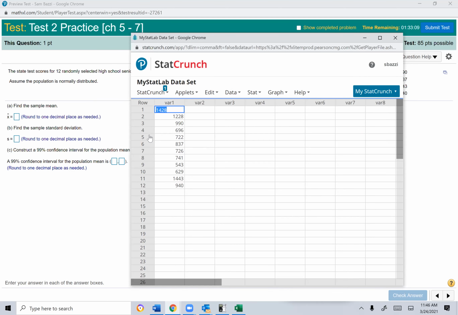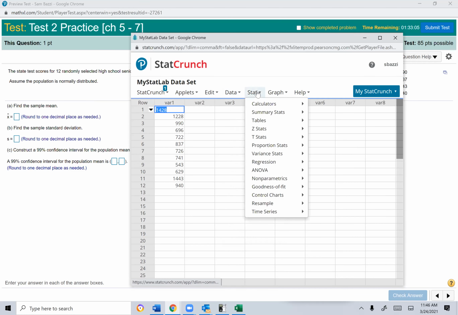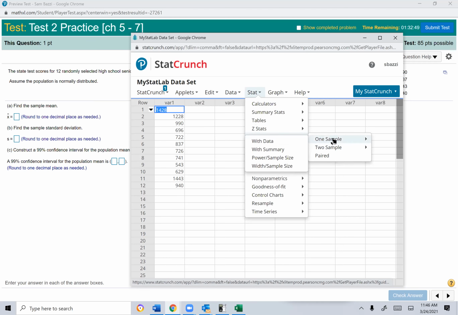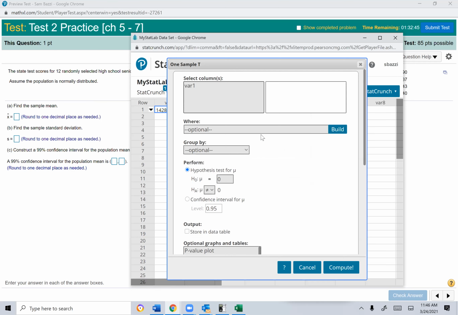We answer this part. 99% interval. Look, you go to stat. And okay, guys, what do I use, Z or T? Can someone answer this one? T. Yeah, it is T. One sample with data. He gave me the data.